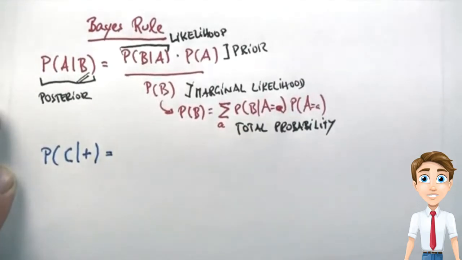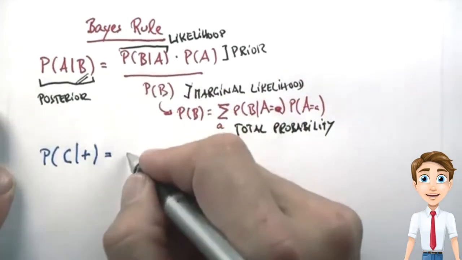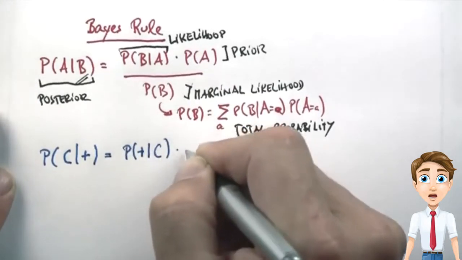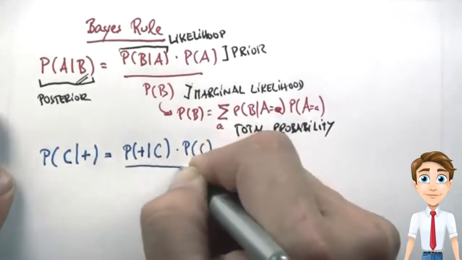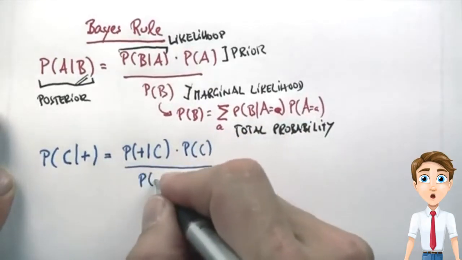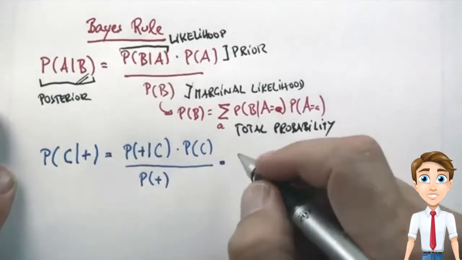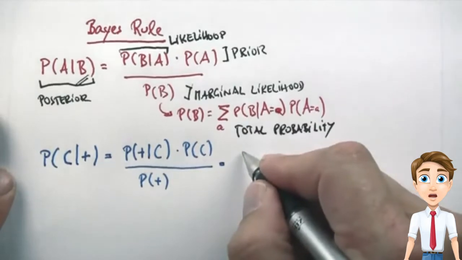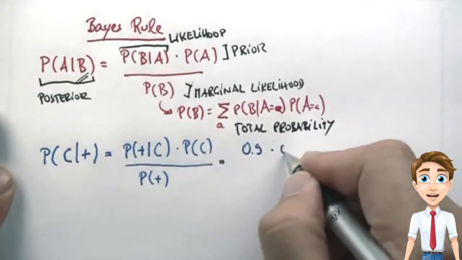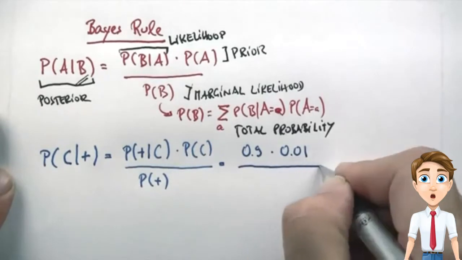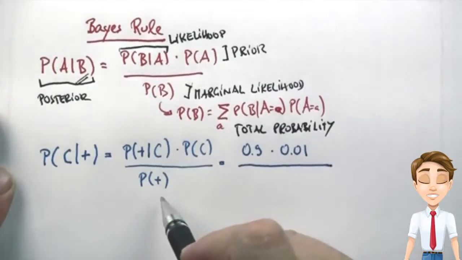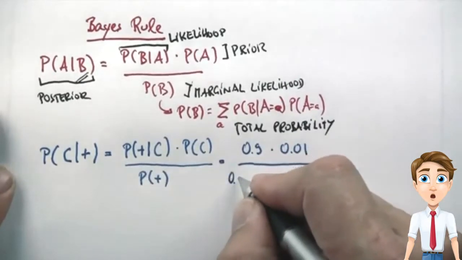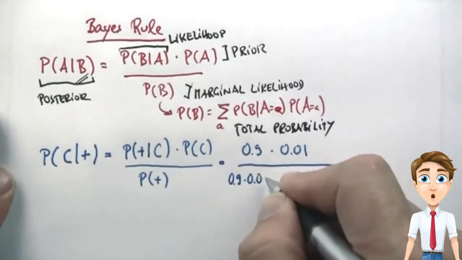Let's just plug in the numbers. Our likelihood is the probability of seeing a positive test result given that we have cancer, multiplied by the prior probability of having cancer, over the probability of the positive test result. And that is, according to the tables we looked at before, 0.9 times a prior of 0.01 over, now we're going to expand this according to total probability, which gives us 0.9 times 0.01.